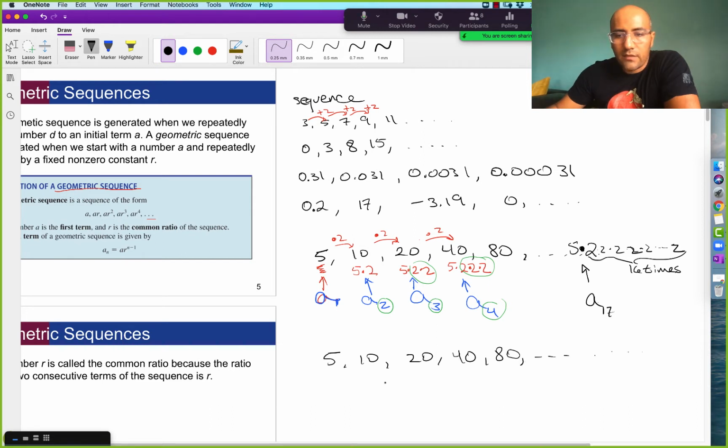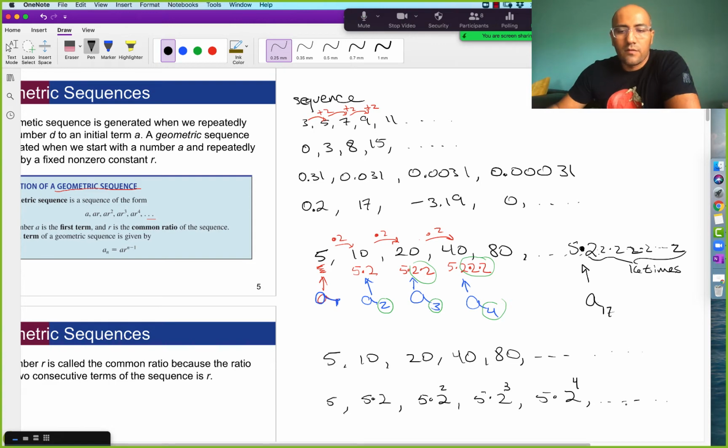Okay, so I can rewrite this as a 5, rewrite this as 5 times 2, that's 10, and then 5 times 2 squared, because that's 4 times 5, that's 20. Then 5 times 2 to the power of 3, that's 8 times 5, that's 40. And then 5 times 2 to the power of 4, that's 16 times 5, that's 80.